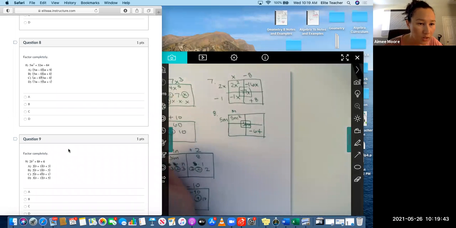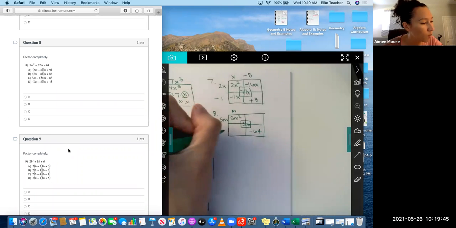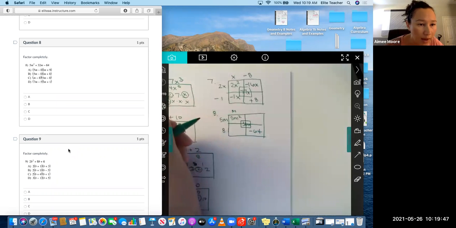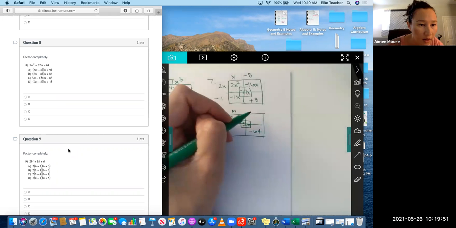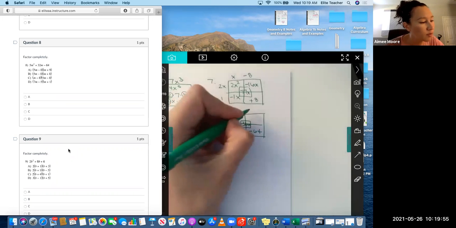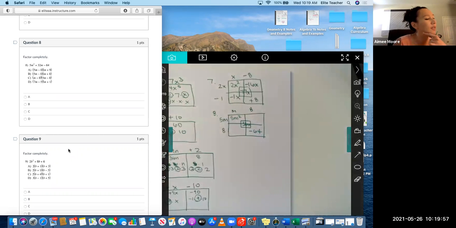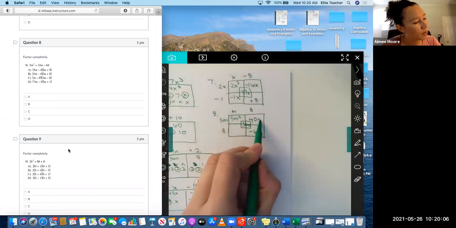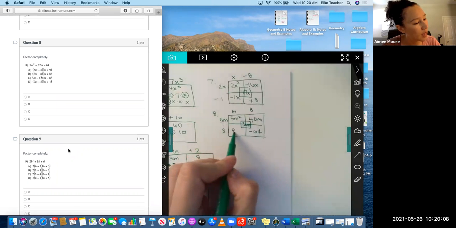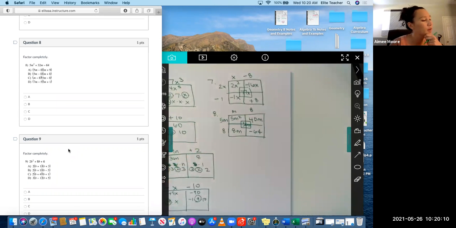And according to the answer choices, we have 5m with the 8, and we have m. It looks like 2 of them are 8s, so I'm going to guess that it's an 8. And if we do 5m and 8, we get 40m, and 8 times m, which is 8m.